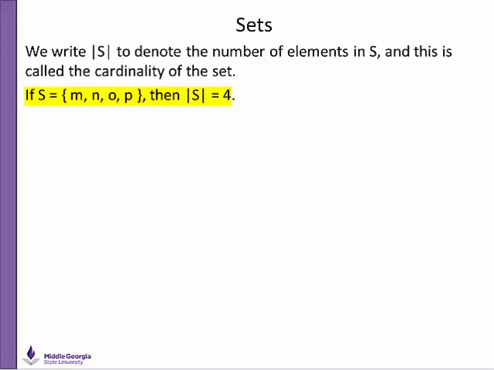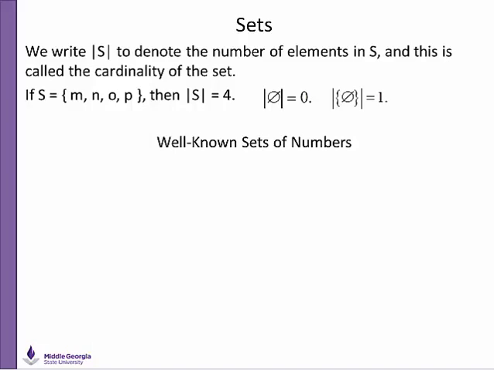That is because there are 4 elements in the set. The cardinality of phi, the empty set, is 0. The cardinality of the set containing the empty set is 1 because it has one element, the empty set.